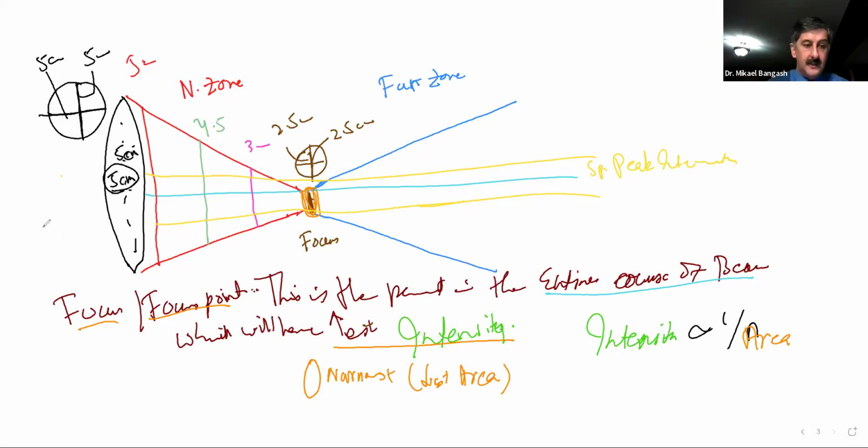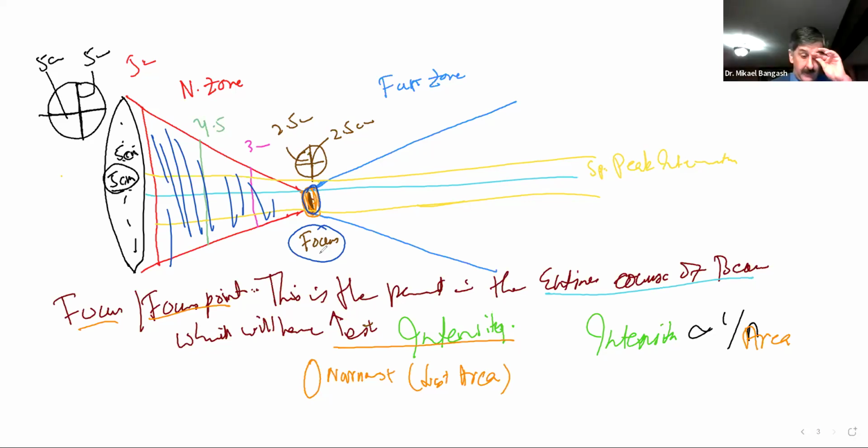What we said was the average was that we took all this energy here and evenly distributed it out. But even if that was the case, you will still have maximum intensity at the focus, because that was the point where the beam was at its narrowest.